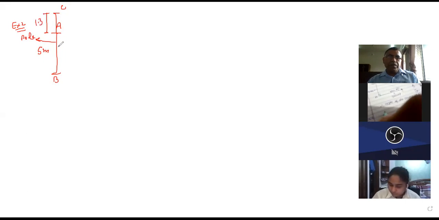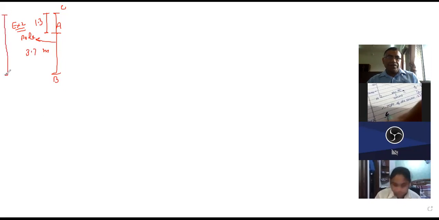So that means distance from B to A will be 5 minus 1.3, that means this is 3.7, and this complete is 5. So electrician has to reach the point A, 1.3 meter below the top.